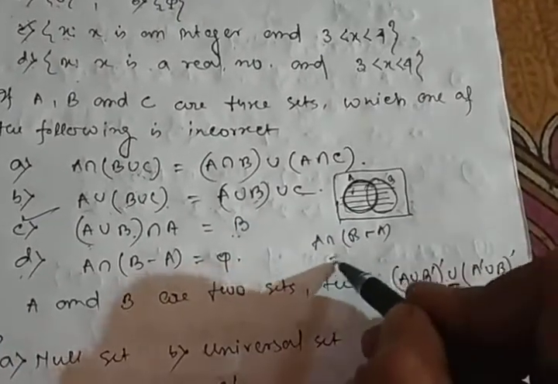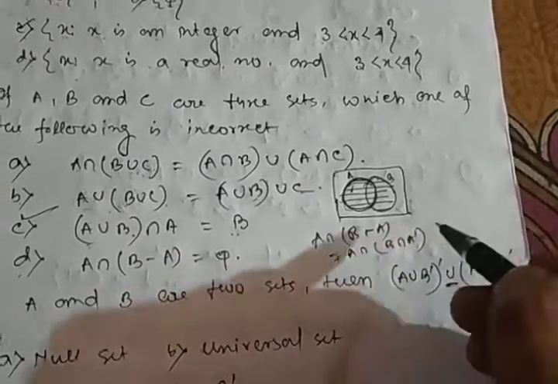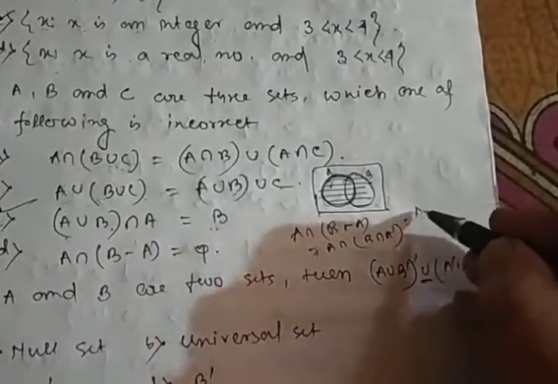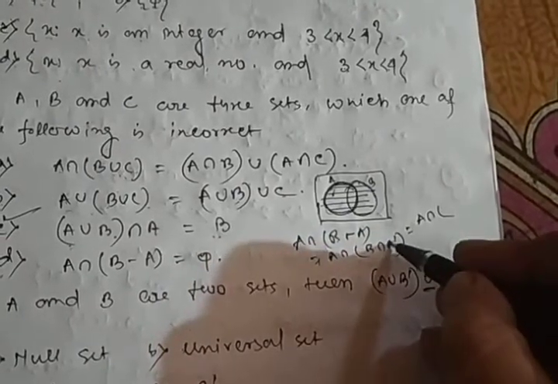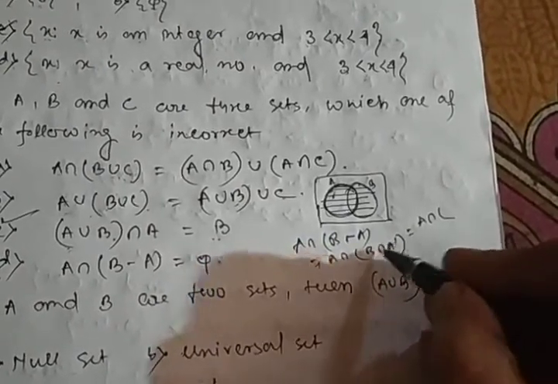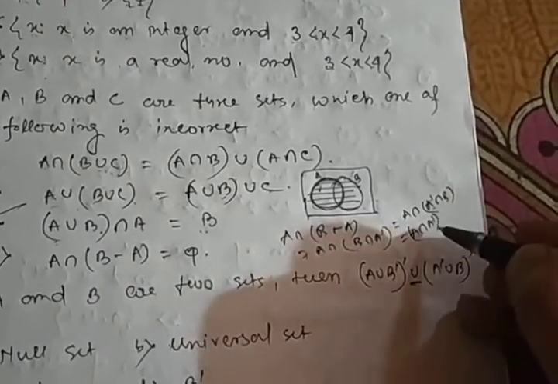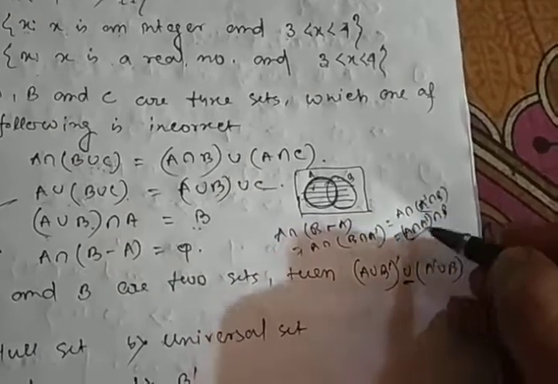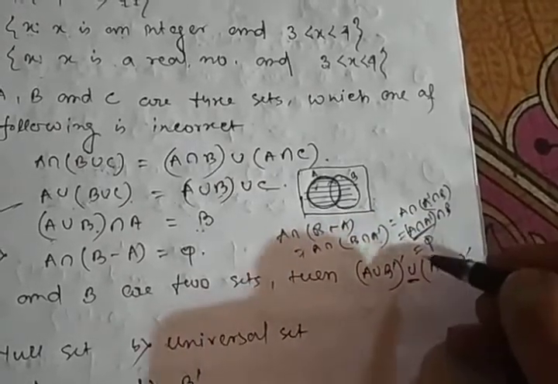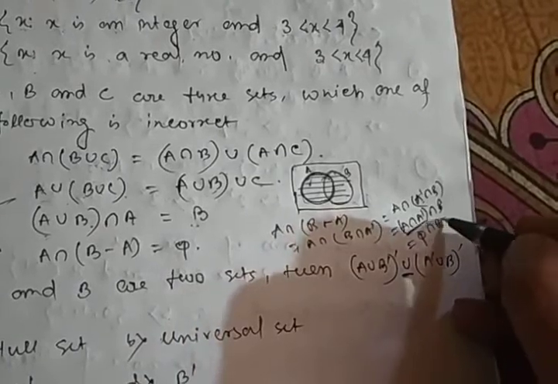Also, if we consider D, we get A intersection (B minus A). Now by property we know A intersection (B minus A) means A intersection B intersection A complement, right? First we use the commutative law between these two sets, which gives A complement intersection B. Now if we use the associative law, (A intersection A complement) intersection B, now we know A intersection A complement will be phi by the identity law or universal law.